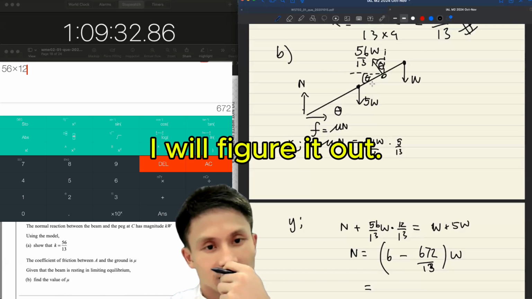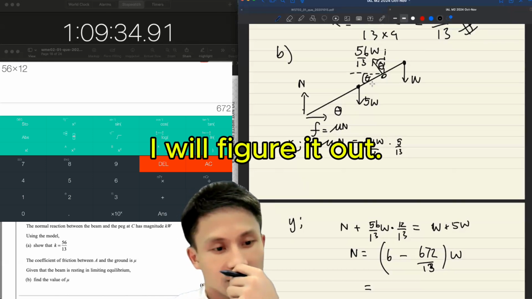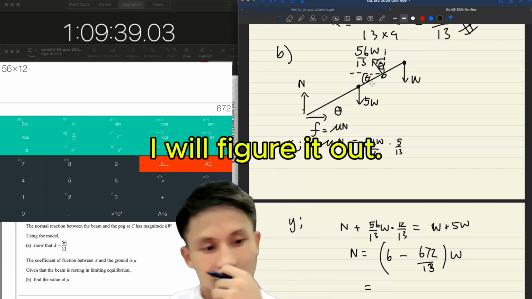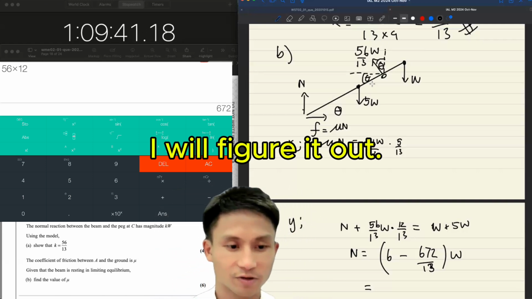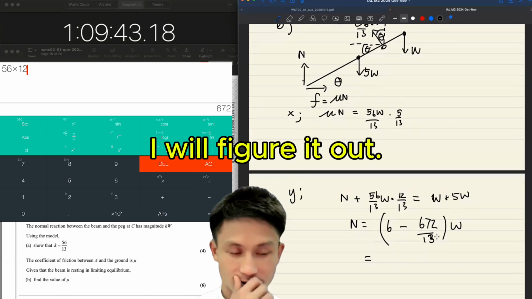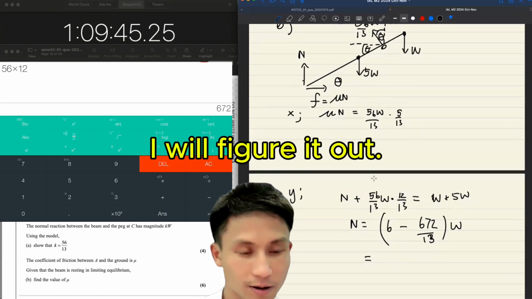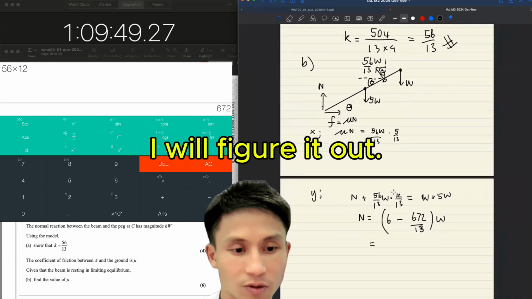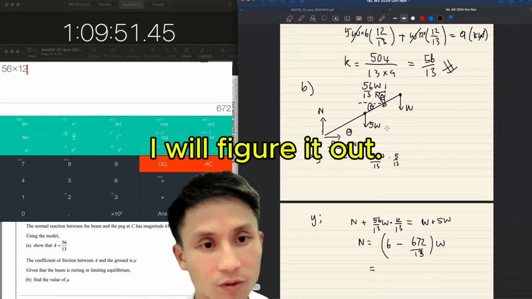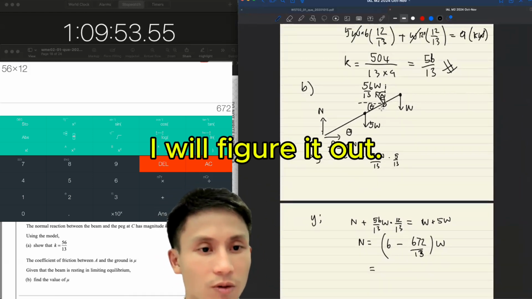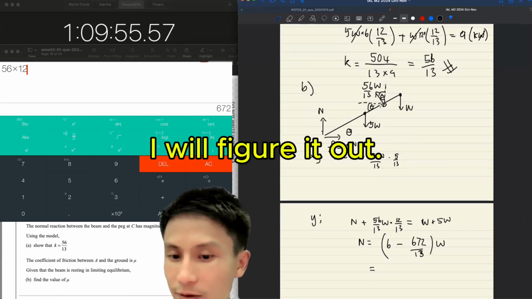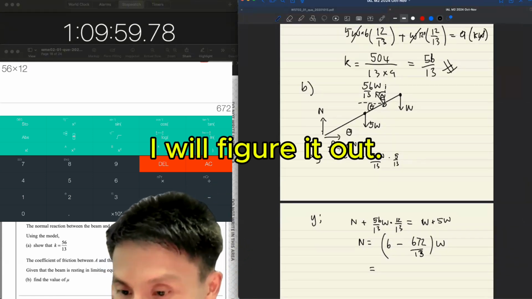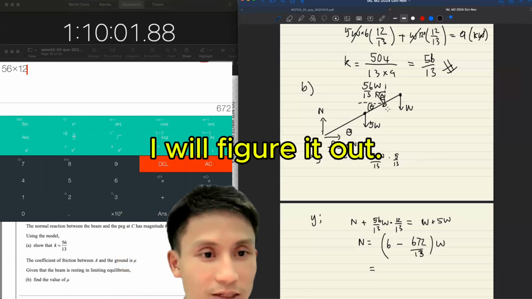N plus that equals 5W plus W. I don't know why this is happening. The normal reaction between the beam and the peg is quite great.